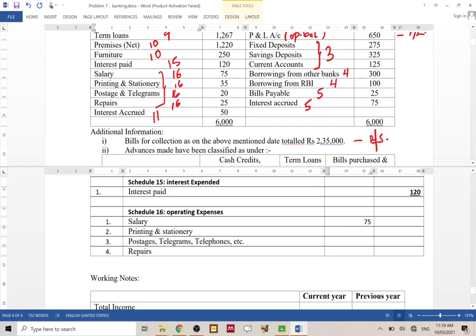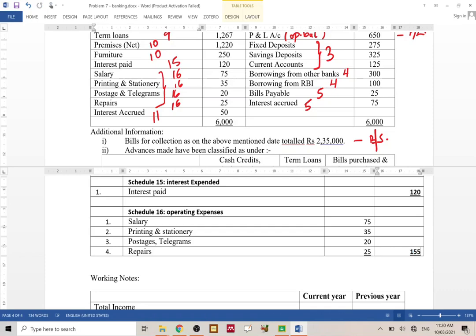Then printing and stationery 35. I'm taking all these amounts from here. Postage, telegram 20. And repairs finally 25. All of these amounts brought down over here. The total it gives you for this particular schedule is 155. Done. So schedule 16 is also complete.